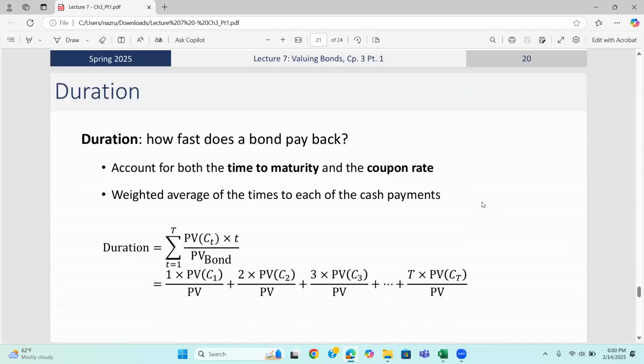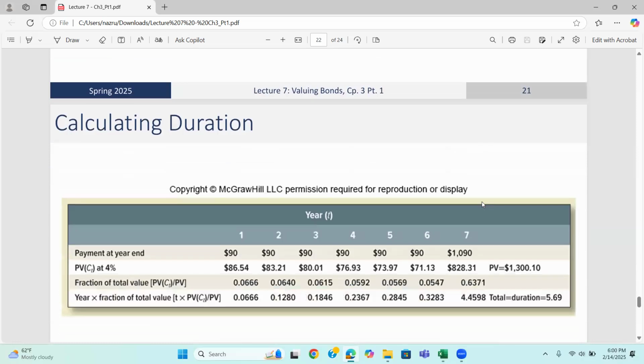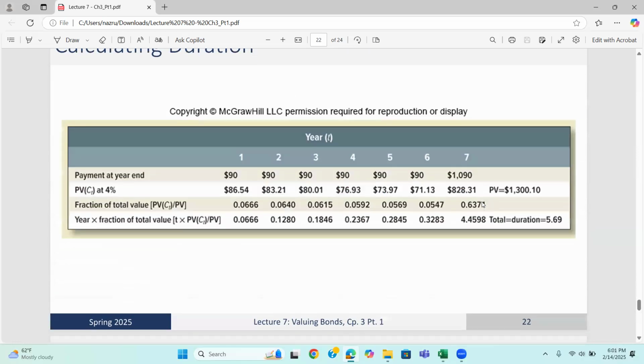For this, we need time to maturity and the coupon rate, and then we take the weighted average of the time to each of the cash payments. This is the formula for duration, but we can make a table. I think if you make this table, it would be very handy to calculate the duration.